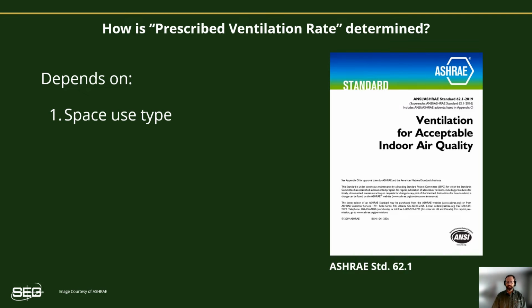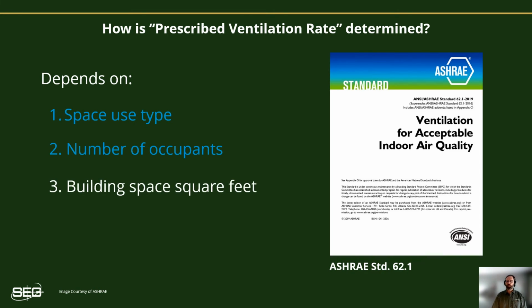The second is how many occupants will occupy the given space at any one time. The next one here is the total size of the space that's going to be ventilated, typically referred to as conditioned floor area. And the fourth is the supply fan's capacity in CFM.